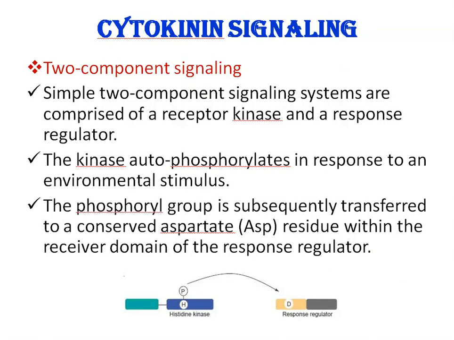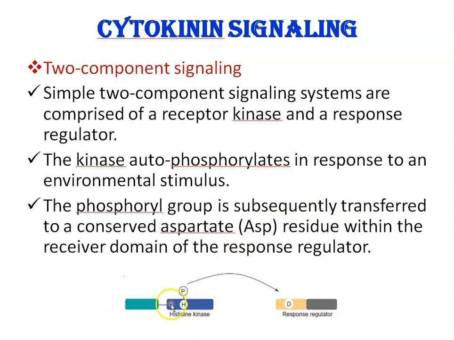Next is cytokinin signaling. There are two types of cytokinin signaling that have been identified. The first is two-component signaling and the second is multi-step phosphorelay signaling. First, we'll start with the two-component signaling, right? Two-component signaling, simply two components, right?